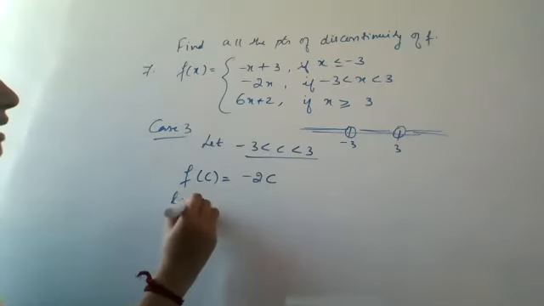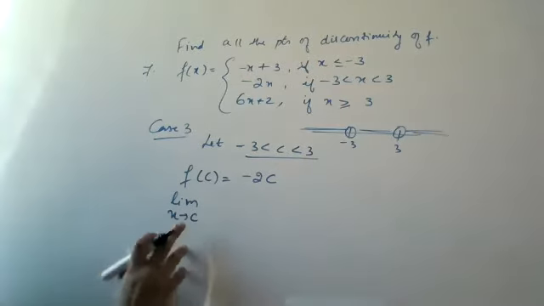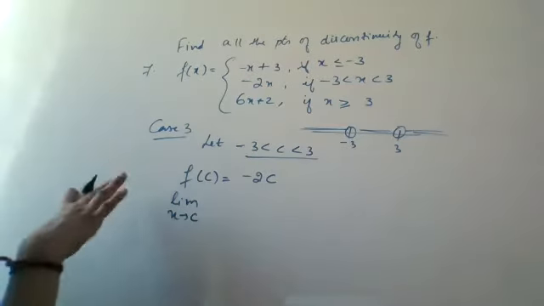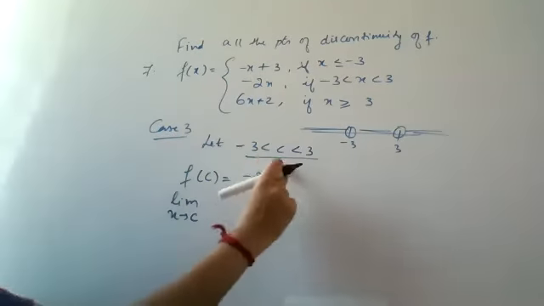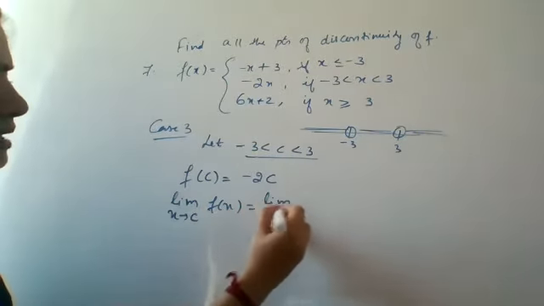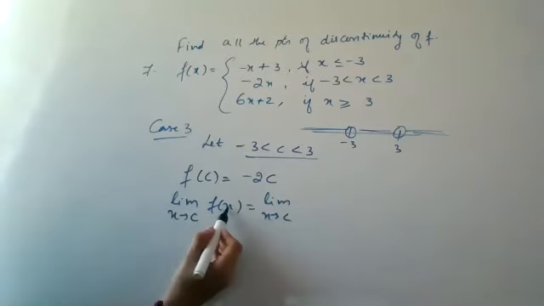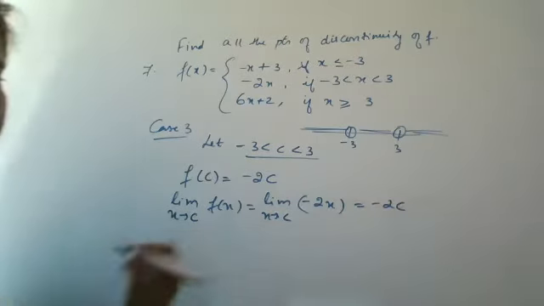Okay. Now limit x tends to C. Here also we will write only C, no C minus and C plus, because you have only one value related to this in between. So you have this as tends to C only. Limit x tends to C. Now what will you replace here? It is minus 2x, so again minus 2C.